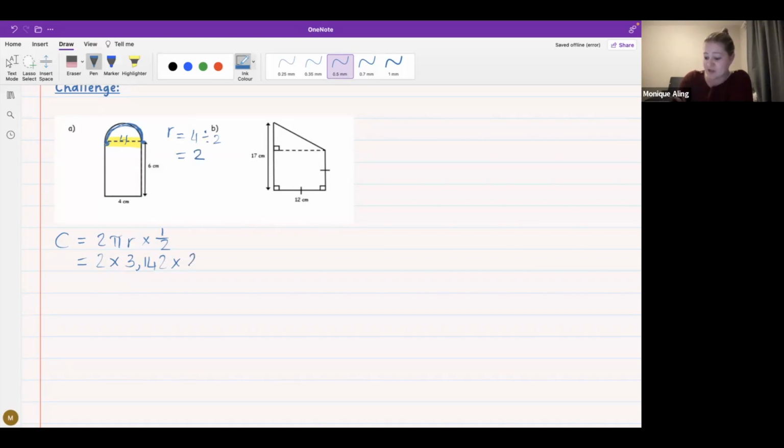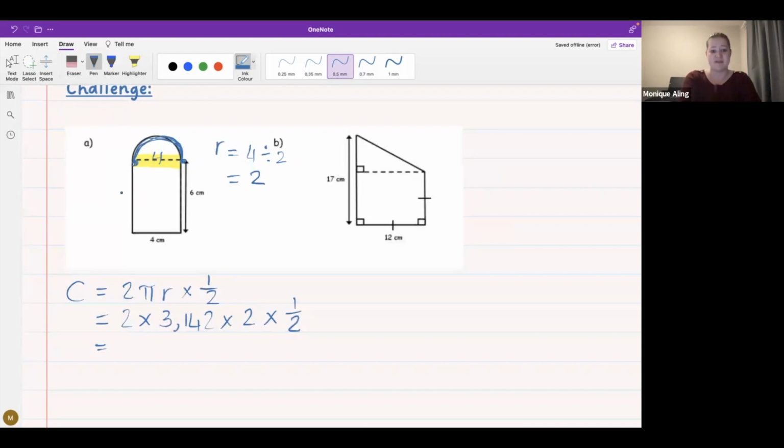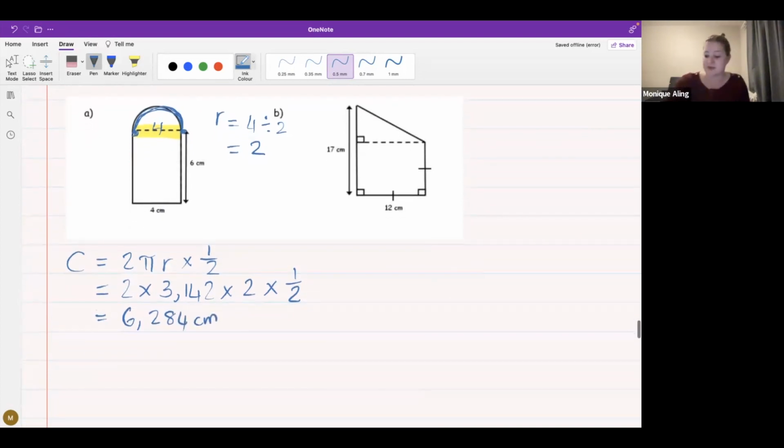So our radius is 2 centimeters and we times by half. I'm not adding the diameter because that is on the inside of the shape. Perimeter only wants the outside. And that means the curved section of this shape is equal to 6.284 centimeters. So that gives me the curved part.